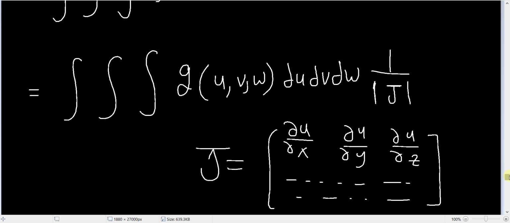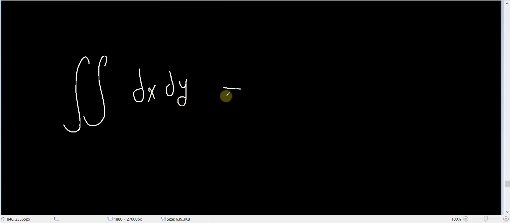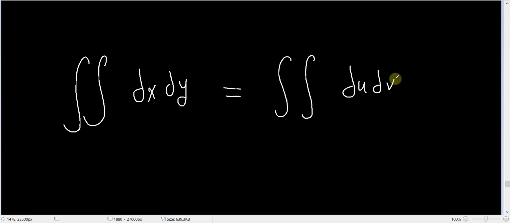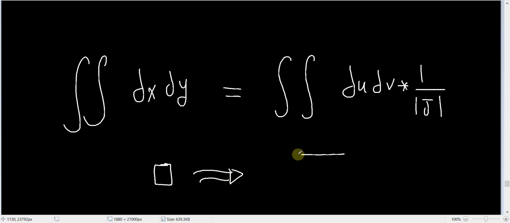Now there is one final very simple note right here. If I am performing double integration over dx dy, I said that this is equal to another double integration over du dv multiplied by 1 over the determinant of the Jacobian. In my derivation, I assumed that the area right here was a rectangular area that got transformed into a parallelogram right here in the UV space.